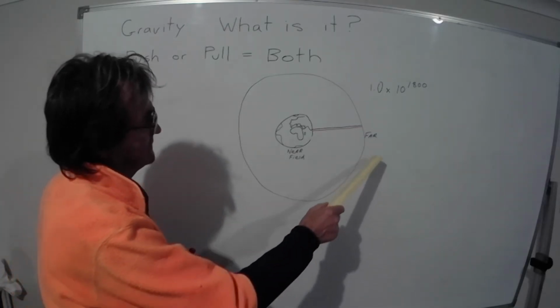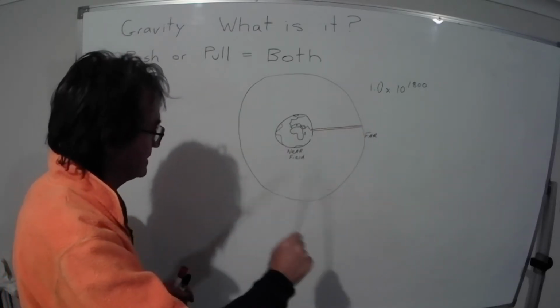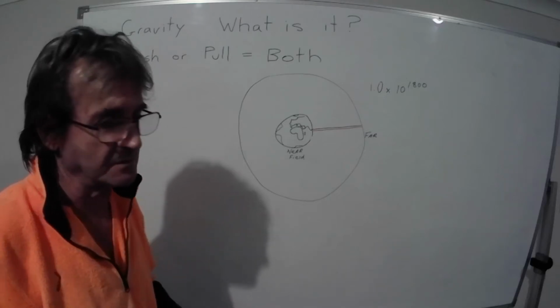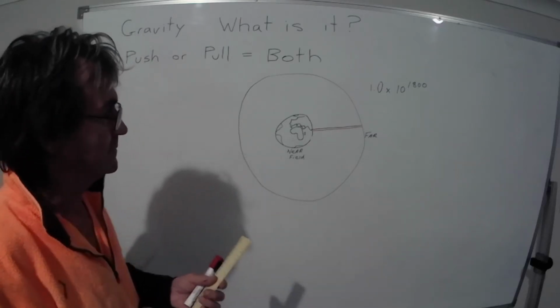Now we got back to this far field. If you took the planet away, we'd only be in a far field. The only near field would be your body or your spaceship or whatever you're in. So we'll take that away.